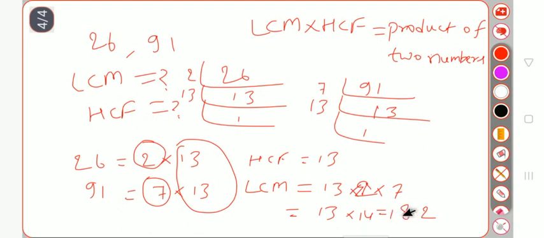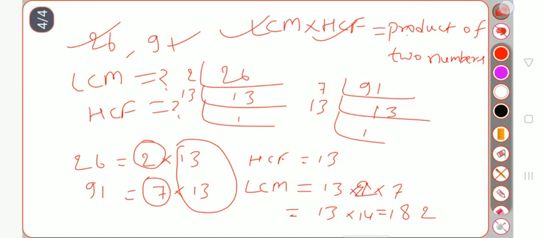Okay, now we have to verify this. We got LCM and HCF. So put here LCM and HCF, and the product of numbers is 26 and 91. Both should come equal. So HCF is 13 and LCM is 182.